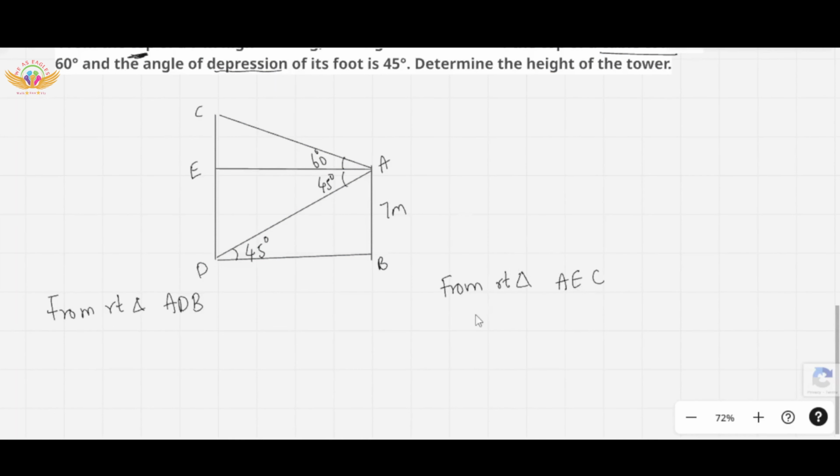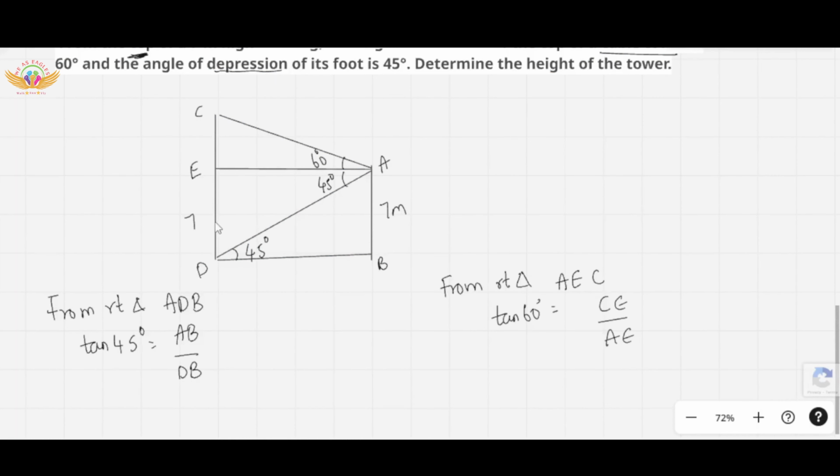These are the 2 triangles I am going to take. And from here I am going to take tan 45 degrees is equal to, what is tan 45? AB by DB. And here I am going to take tan 60. What is tan 60 degrees? CE by AE. So if this is 7, ED is also 7.